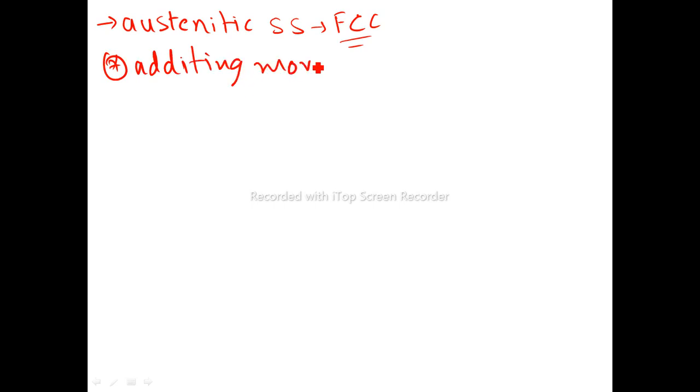Being more chromium, it has more corrosion resistance compared to the martensitic. But when we compare the strength, the austenitic is a little bit lesser than that of the martensitic.